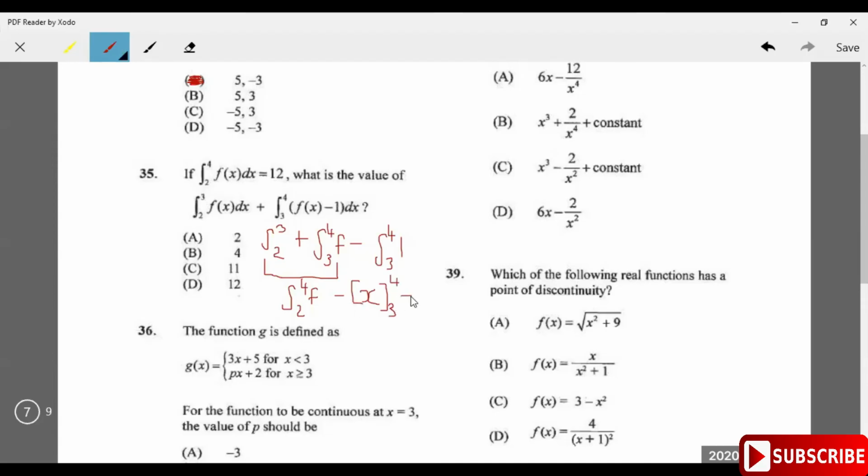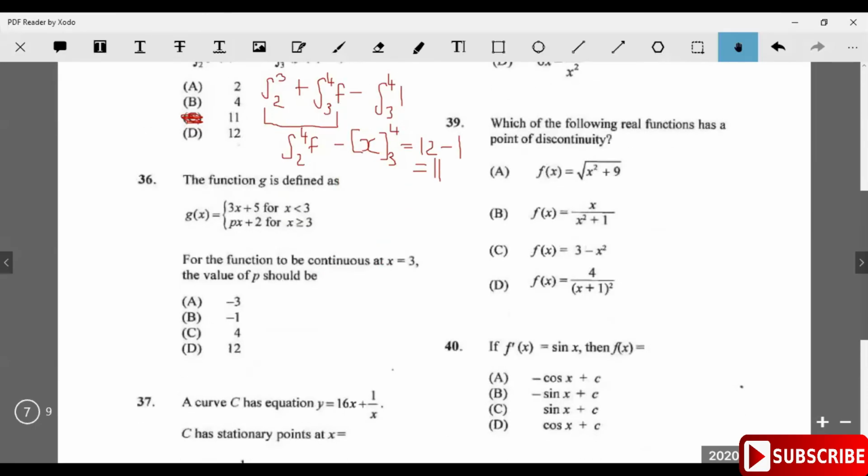And the question told us that the integral from 2 to 4 of f is 12. So it is 12 minus 4 minus 3, which is 1. So 12 minus 1 is 11. So the answer is 11. Easy.